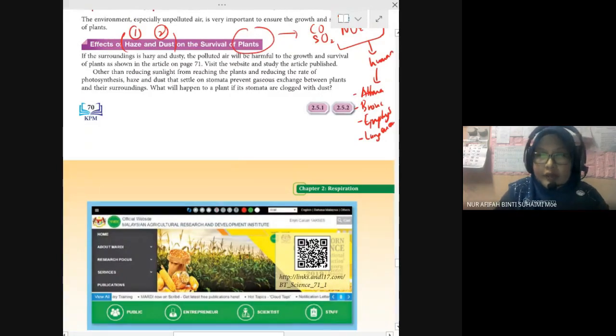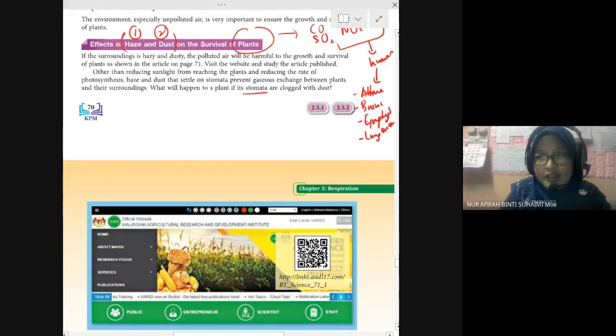All right. There's a question here. What will happen to a plant if its stomata are clogged with dust? When there is a lot of haze and dust, it will cover the plant, the whole plant or the surface of the leaf. So what happens to the stomata?